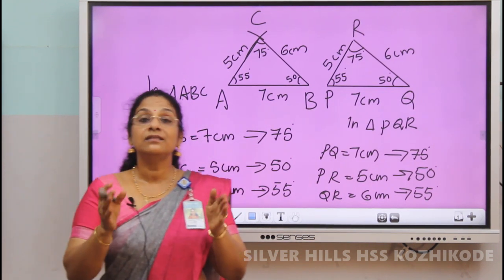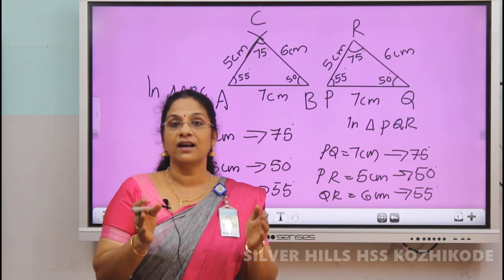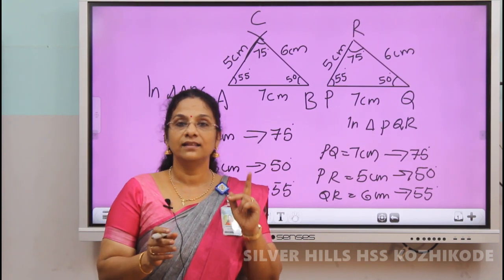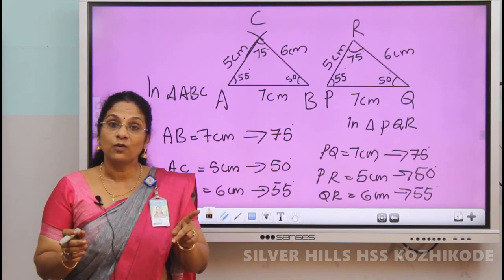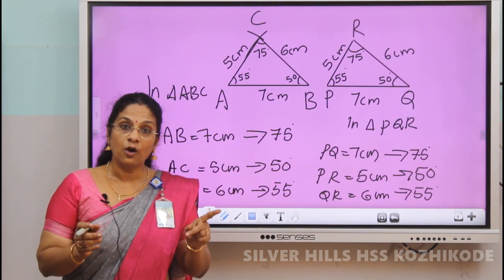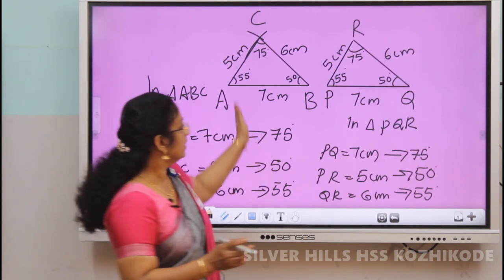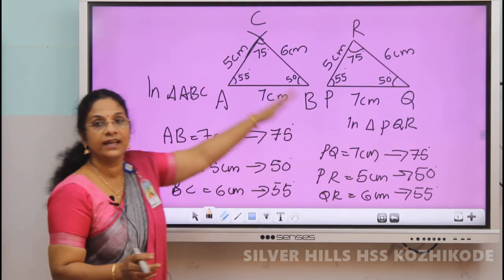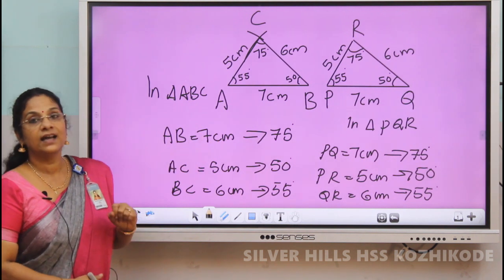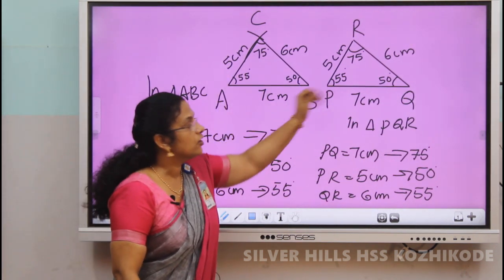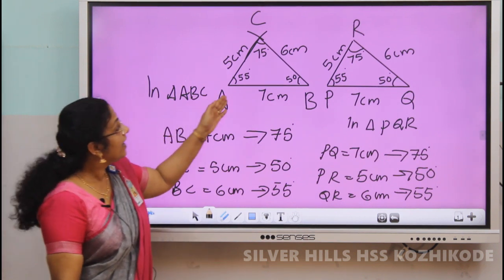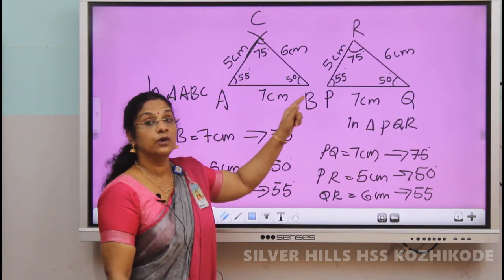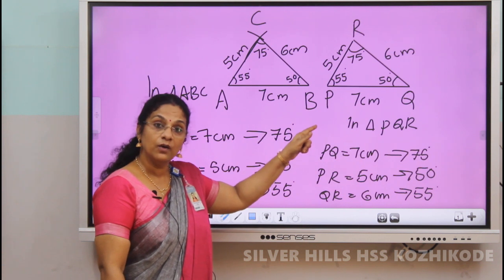If all three sides of a triangle are equal, then angles opposite to equal sides are also equal. From this figure, look at the board again. From this figure you will get the idea. Sides of both the triangles are equal and angles opposite to equal sides are also equal.